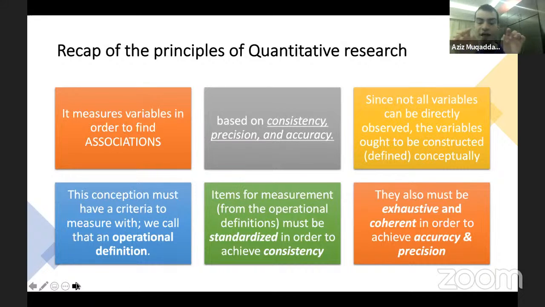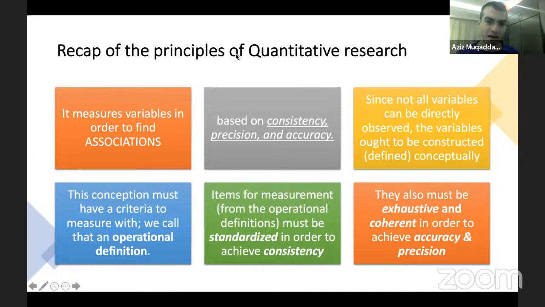There should be some agreed upon measurement by which we can consistently measure whatever variable we're talking about. And they need to be precise. That's the quantifiable part, right? They won't be based on subjective estimations, but those measurements have to have numbers attached to them, so we give more precise values.